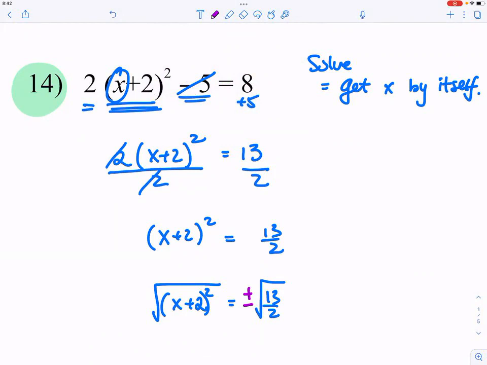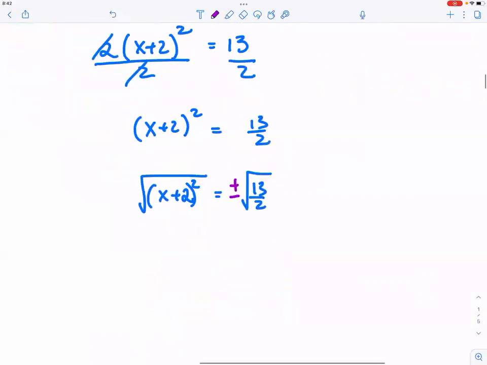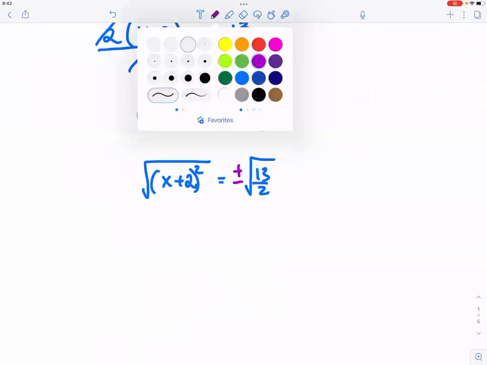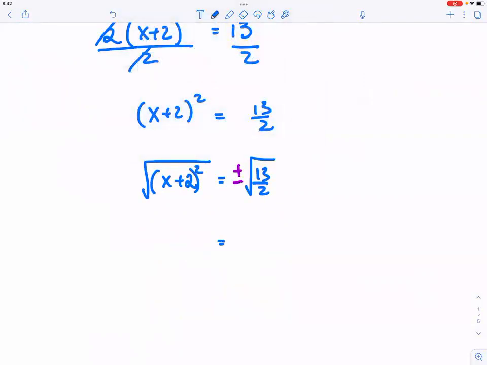On the number side, we have to do plus or minus because we don't know if it's positive or negative. Then x plus 2 is equal to plus or minus the square root of 13 over the square root of 2.